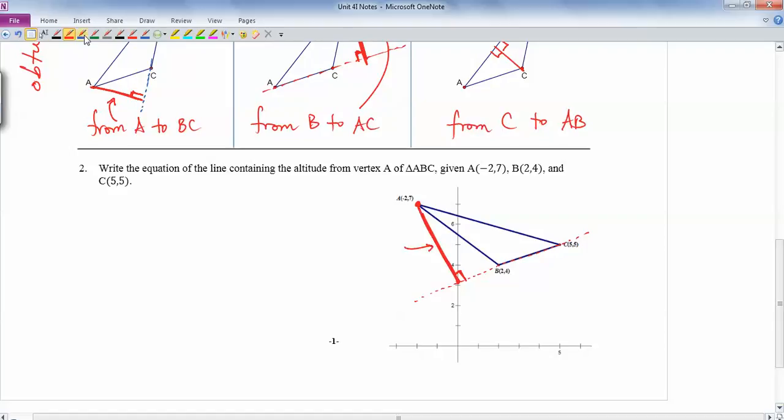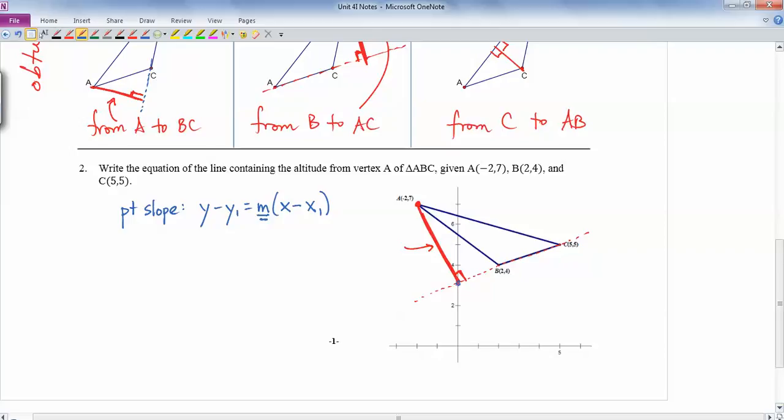Okay, so what I need is the equation of this line. Now, we've been doing all our equations in point slope form. So point slope form, if you remember, y minus y1 equals m times x minus x1. M is going to be the slope of the altitude, so the slope of that red line. X1, Y1 is any point on my line.